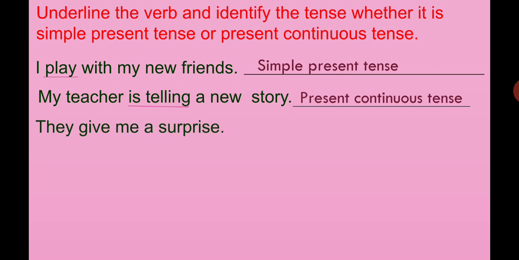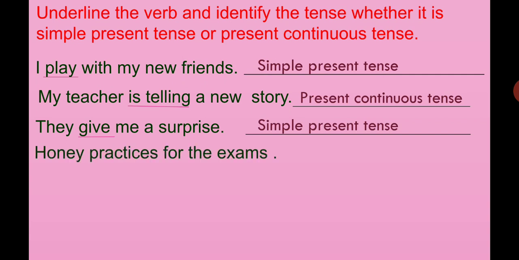Let's see another example. They give me a surprise. Let's identify the verb: give. Give is the root form of the verb, and when the verb in the sentence is in the root form, it is in the simple present tense. I hope you understand how to identify which sentence is in the simple present tense and which is in the present continuous tense.